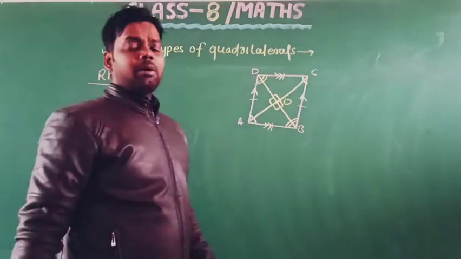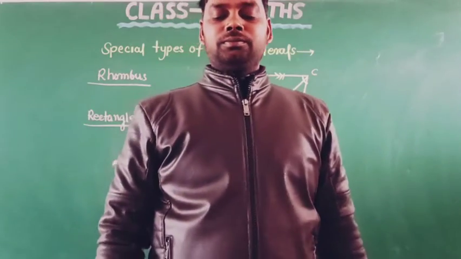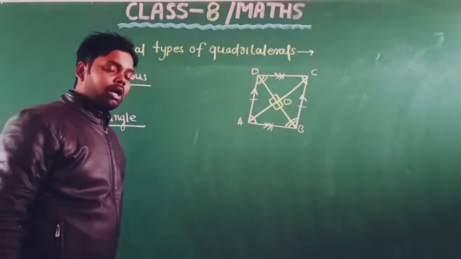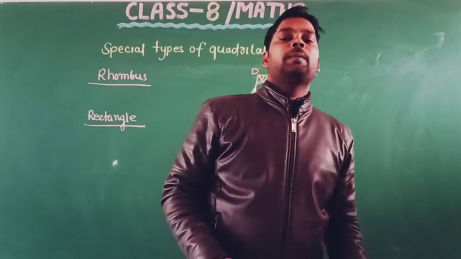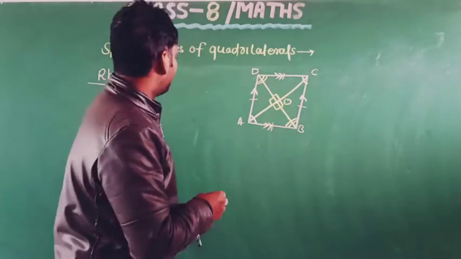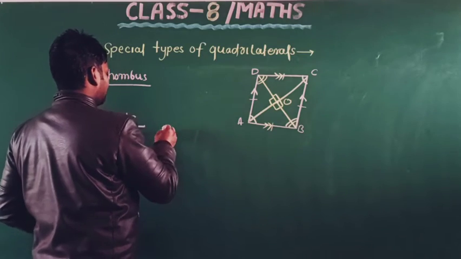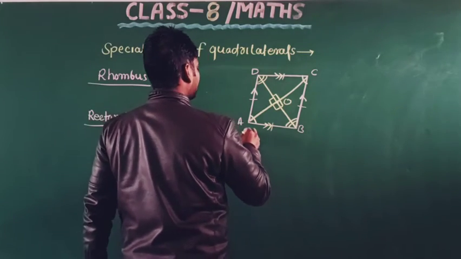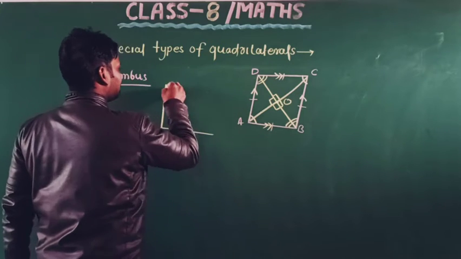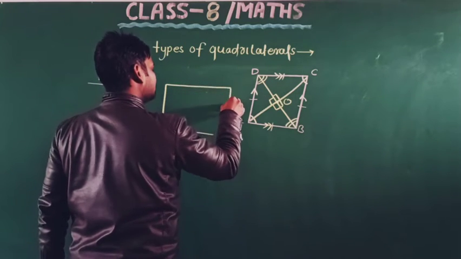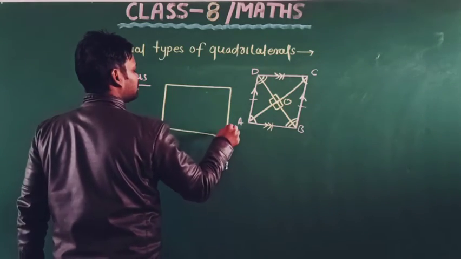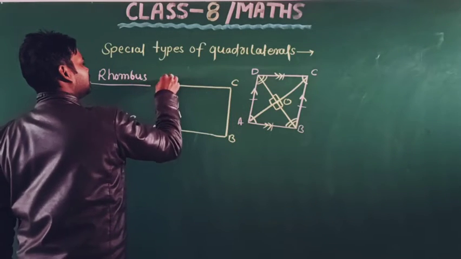And the other is rectangle. The next type of quadrilateral is rectangle. So a parallelogram is called a rectangle if each angle is a right angle, that is, each angle is 90 degrees. So this is a rectangle ABCD.